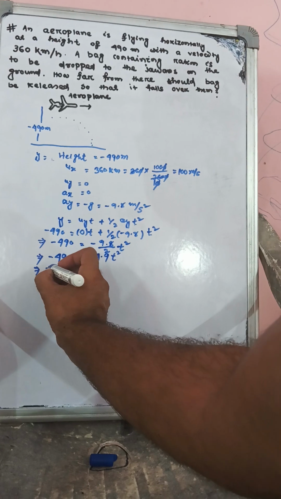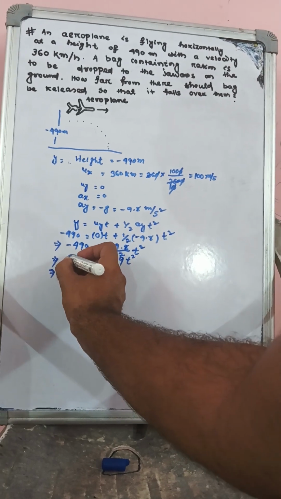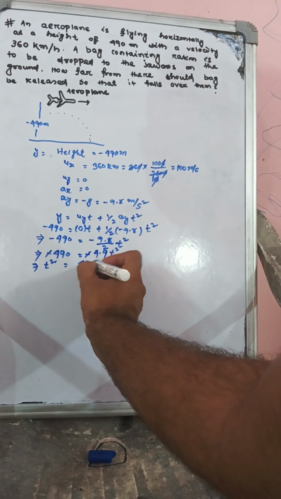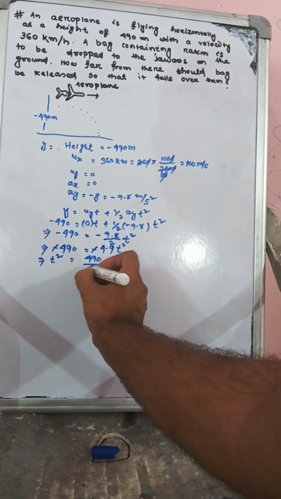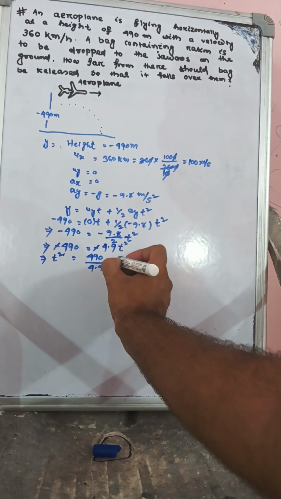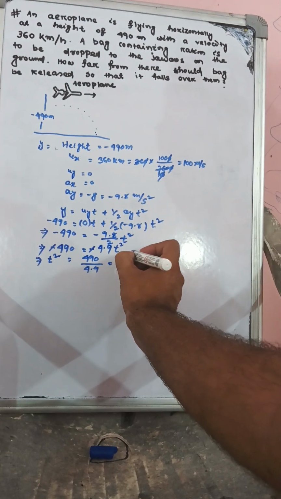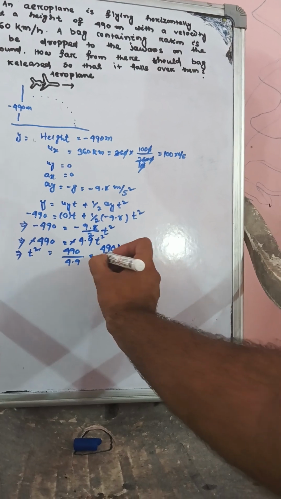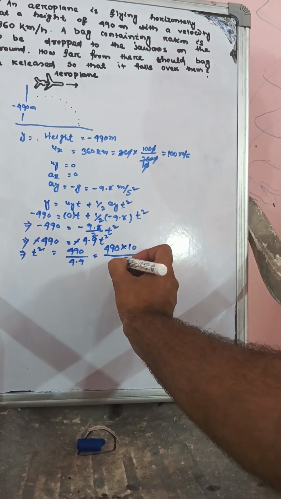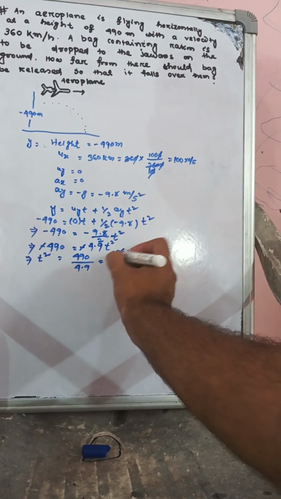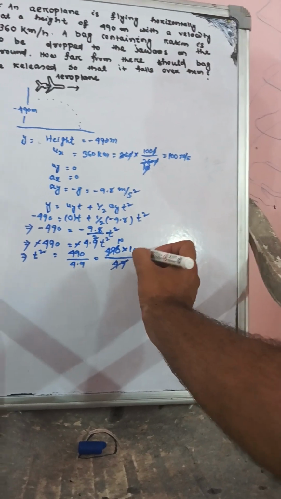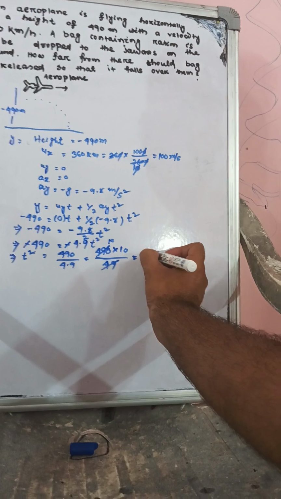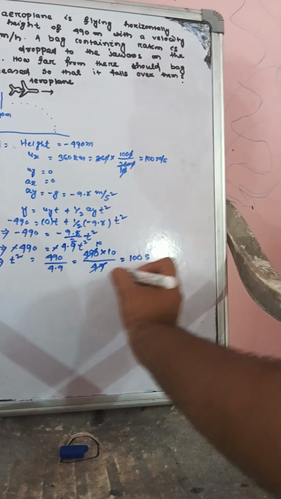Minus 490, that is, t square is equal to, the minus will cancel, 490 divided by 4.9, which is equal to 490 into 10 divided by 49. 49 10s are 490, 10 into 10, 10 tens are 100 second square.